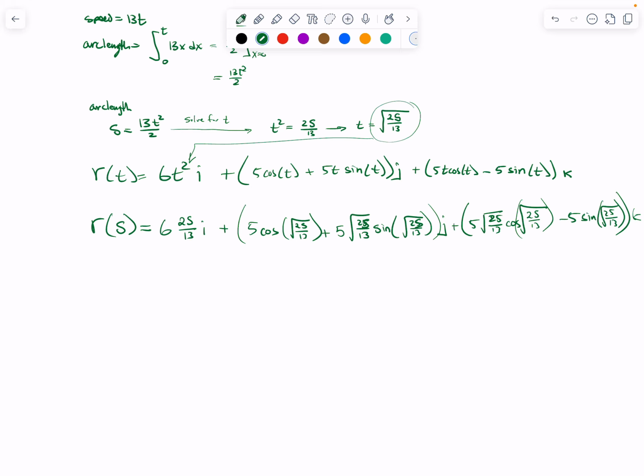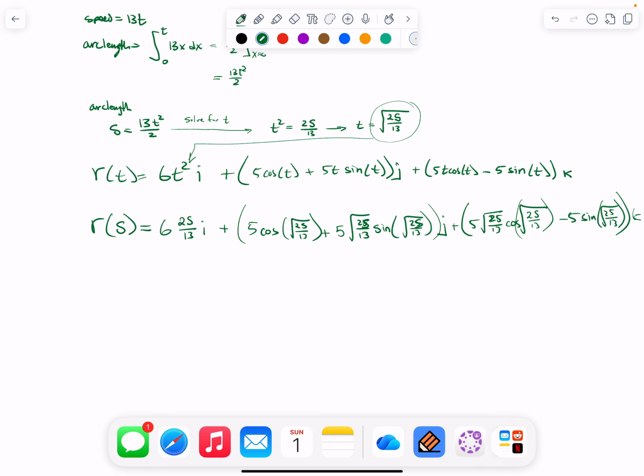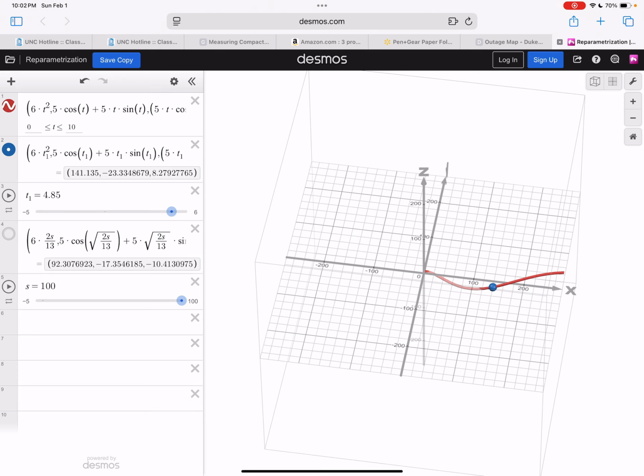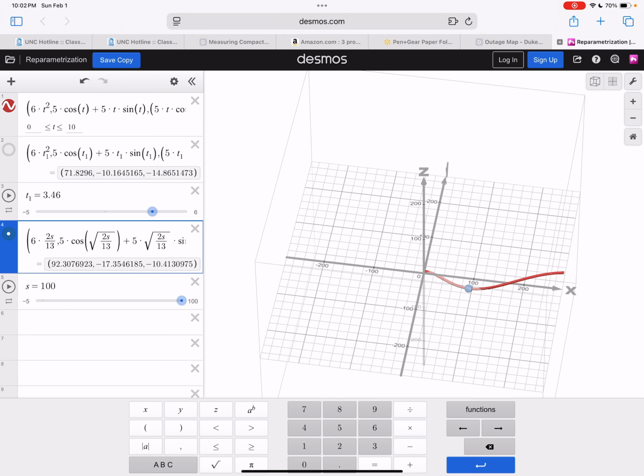All right, so what does this do for us? Let's go back to Desmos, and hopefully this will make it all clear. I've superimposed this curve, and my expression right here is exactly the expression we had earlier, so apparently I did do it right.